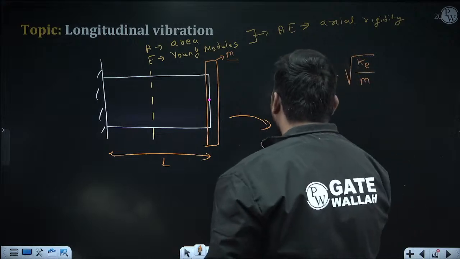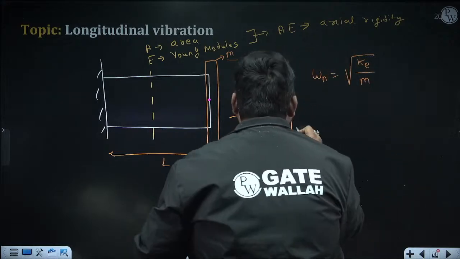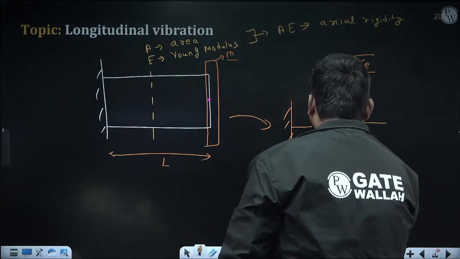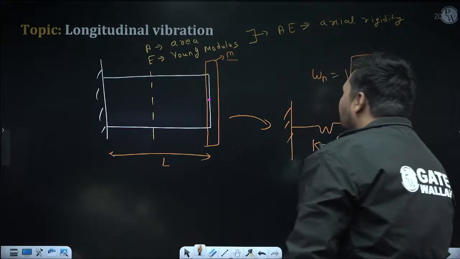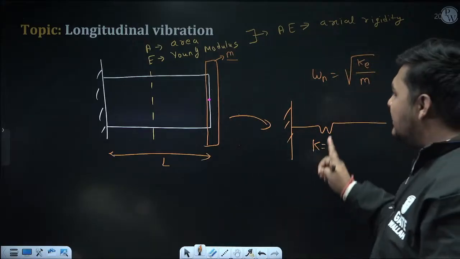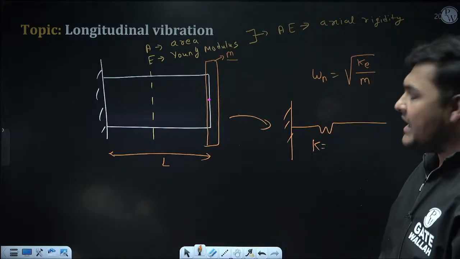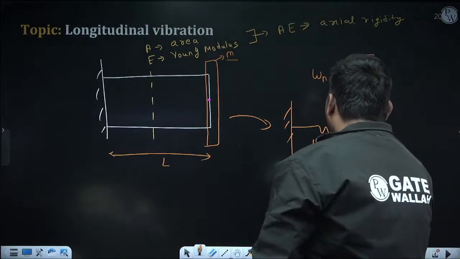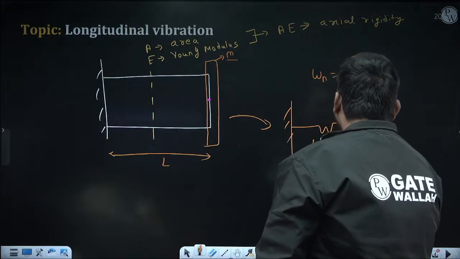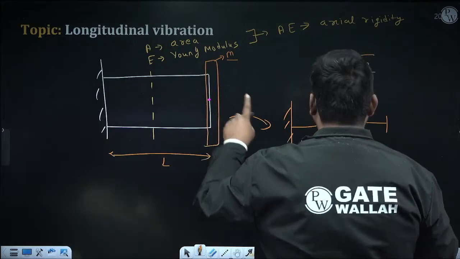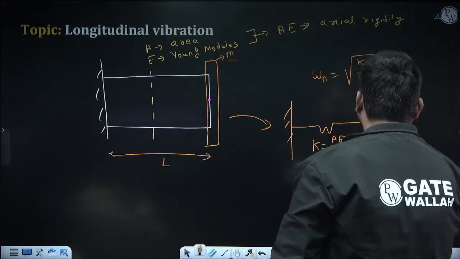In the equivalent diagram, we'll replace this bar by a spring. And what will be the stiffness of that spring? The stiffness of this spring is nothing but the axial stiffness of this bar, which is AE by L. With this spring we will attach this mass M.